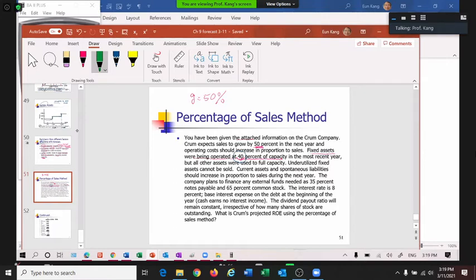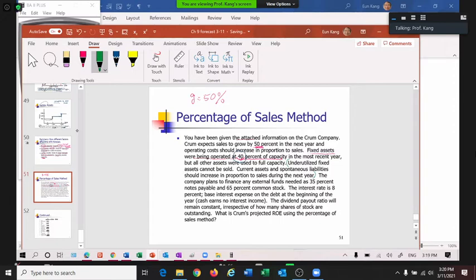Current assets and spontaneous liabilities should increase in proportion to sales. Again, you don't need that. Maybe in the exam I'll make it short, because those are basically assumptions. We already said that. And the company plans to finance any external funds needed.